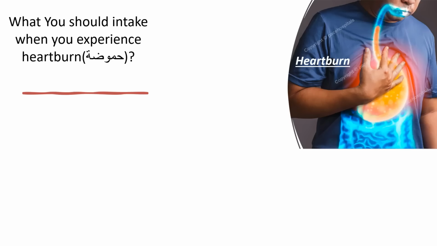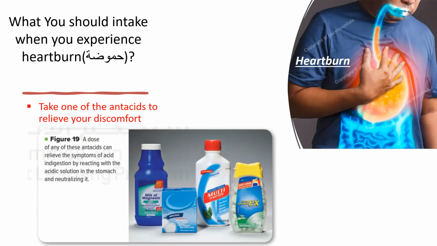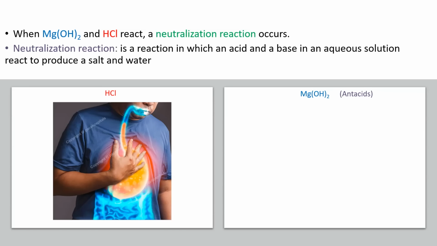This is just to stimulate your thinking. Whenever you have heartburn, you take a medicine or you drink some milk or something to reduce this burning, right? What you actually have are bases to neutralize it. If you drink an antacid, it contains this substance.